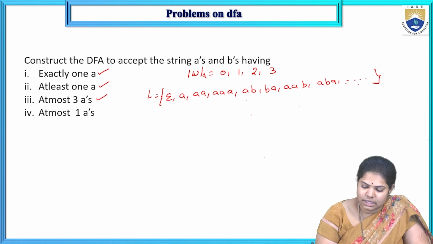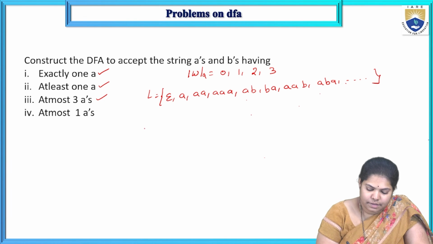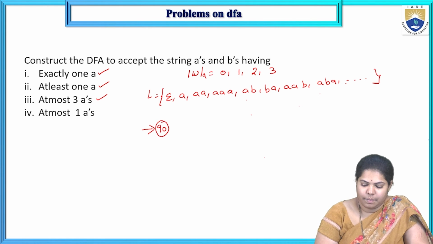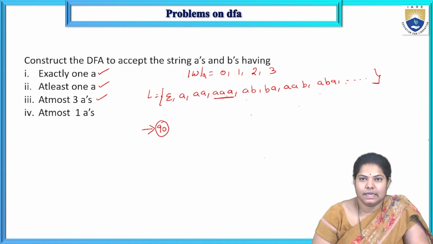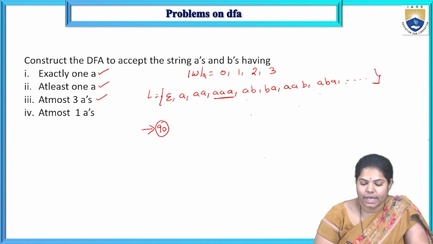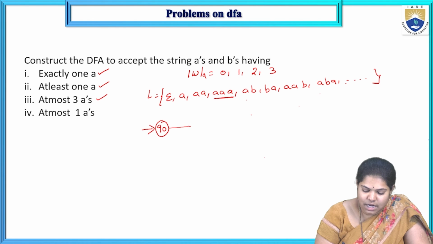Right? So as this is an infinite language, I start with Q0. But here, what is the restriction? I should contain only 3A's. Only a maximum of 3A's. If I start with the single A, I reach the final state.